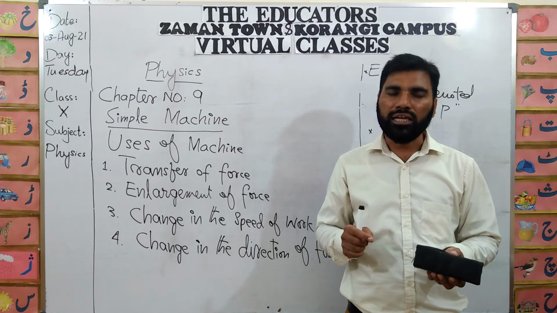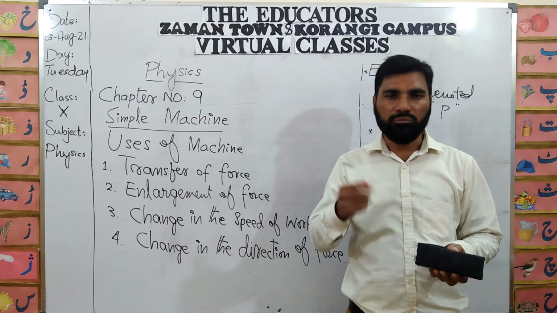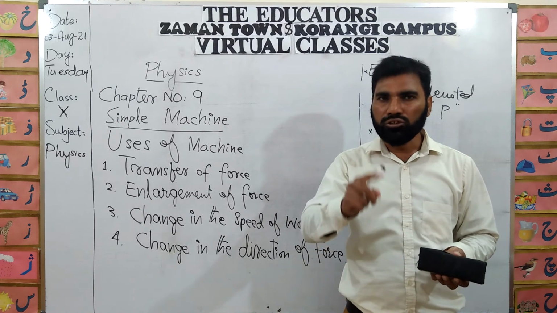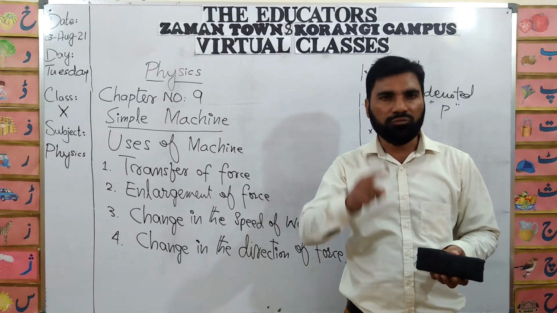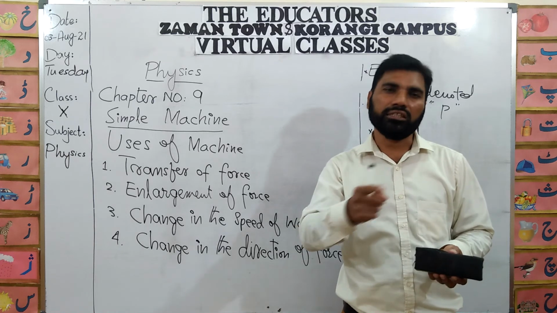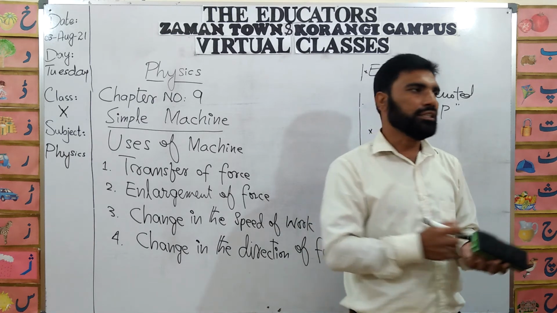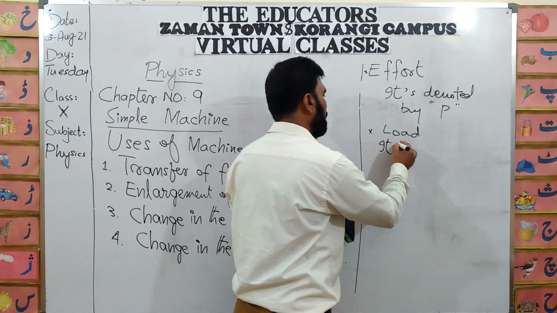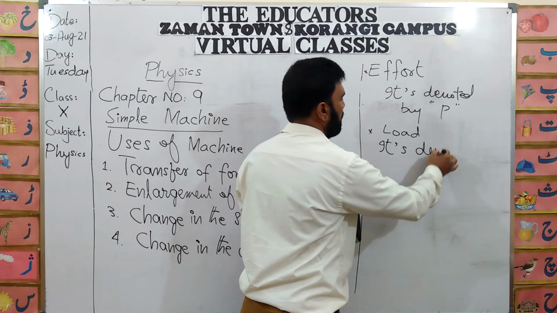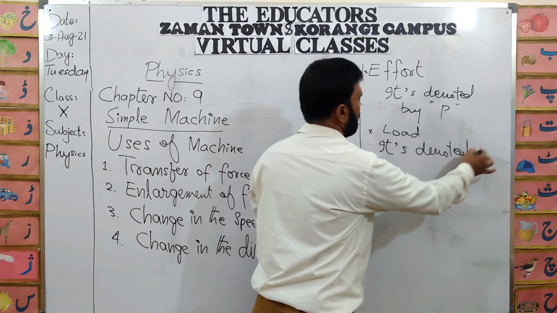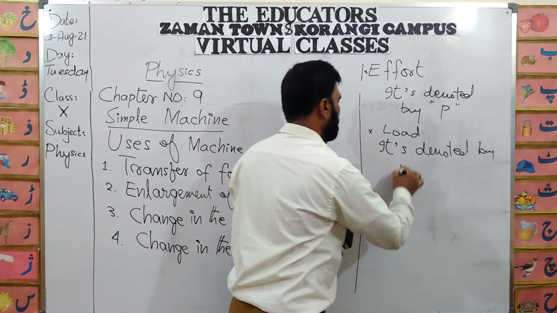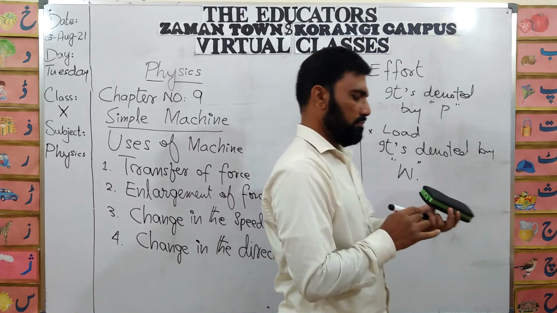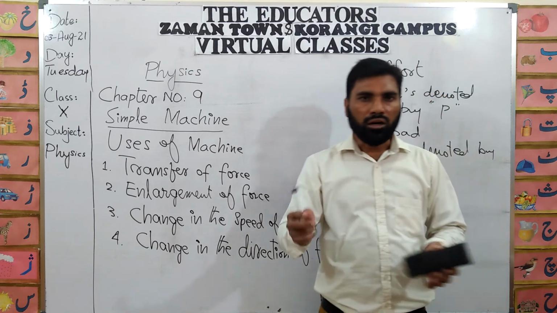Same thing, screw jack. I'm going to give you the example of a screw jack. The screw jack is applying the force to lift the car or any vehicle, this is called the load. It is denoted by W. You got it?